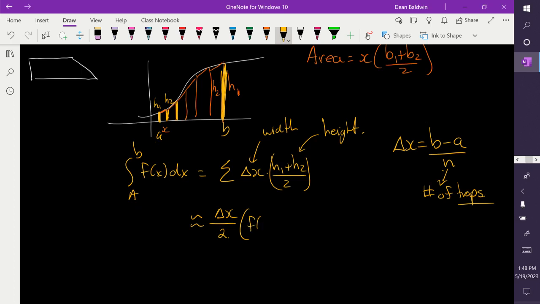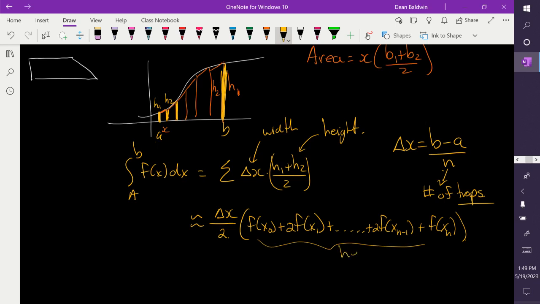It's going to be f of x0 plus 2 times f of x1 plus ... That's term 1. You'll see in a sec. I'll show you how to get those. Plus 2f of x to the n minus 1 plus f of x n. These are the heights in here.